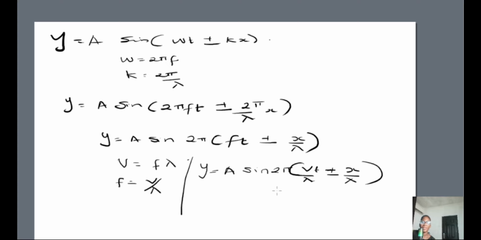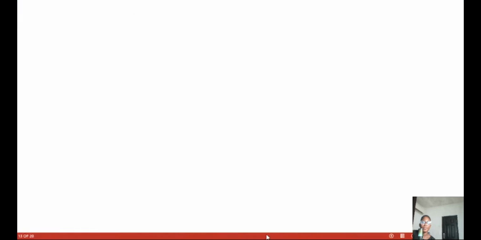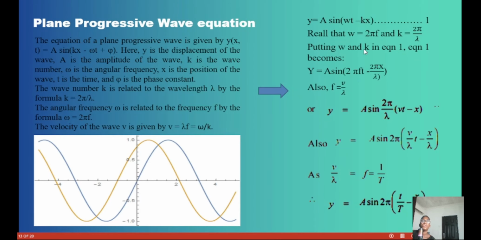So let's go back to our slide and see. So you see now, from here we said y is equal to A sin 2 pi ft minus 2 pi x over lambda. Just as I explained, I represented this f, which is f is equal to v over lambda. We represented the f with what? v over lambda. So or y is equal to A sin 2 pi over lambda (vt minus x).